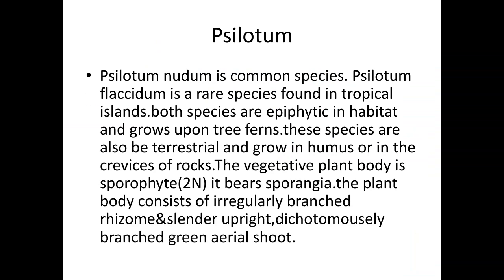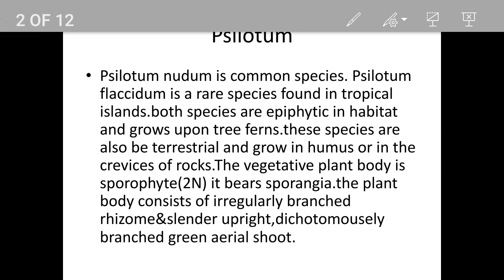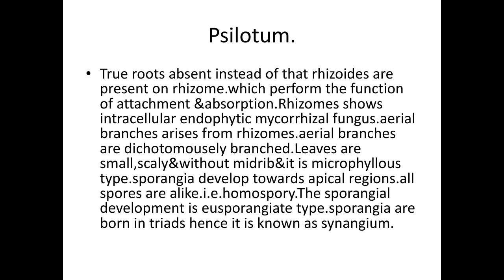Rhizome is slender, upright, and dichotomously branched, with green aerial shoots. True roots are totally absent. Instead, rhizoids are present on the rhizome.